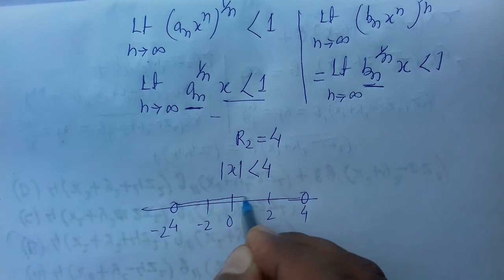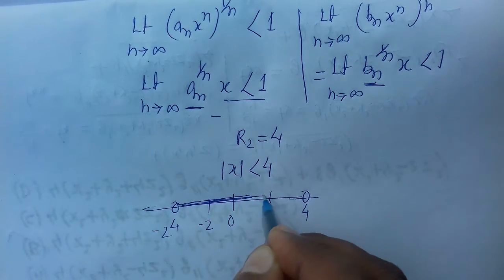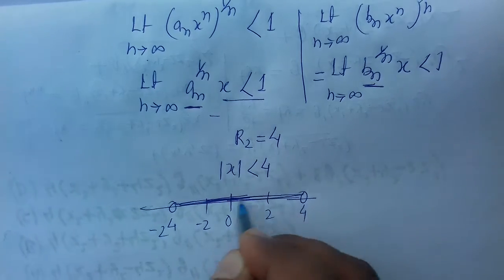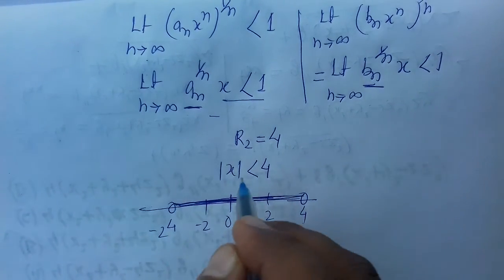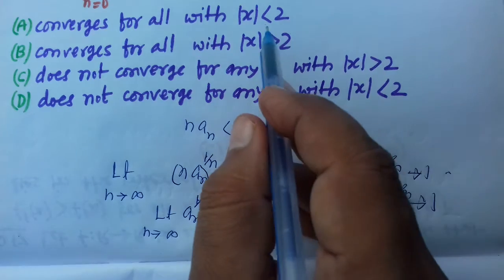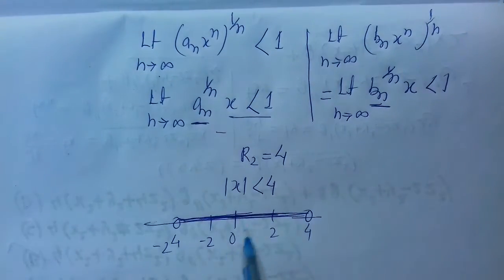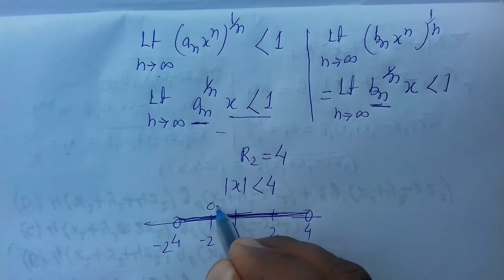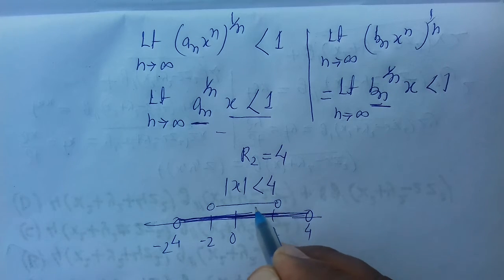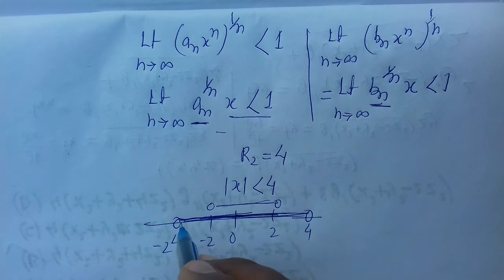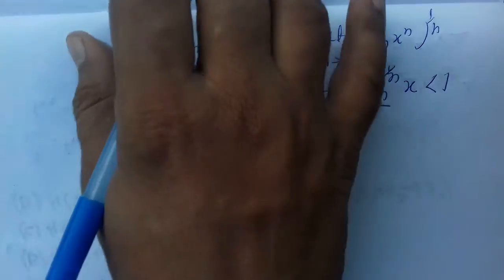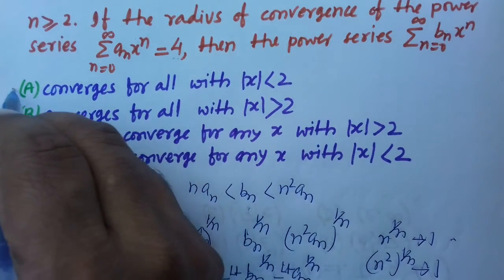So our convergence lies in this interval, and |x| less than 2 means you have to go from this point to this point. You see that this interval lies inside this interval, so A is our correct option.